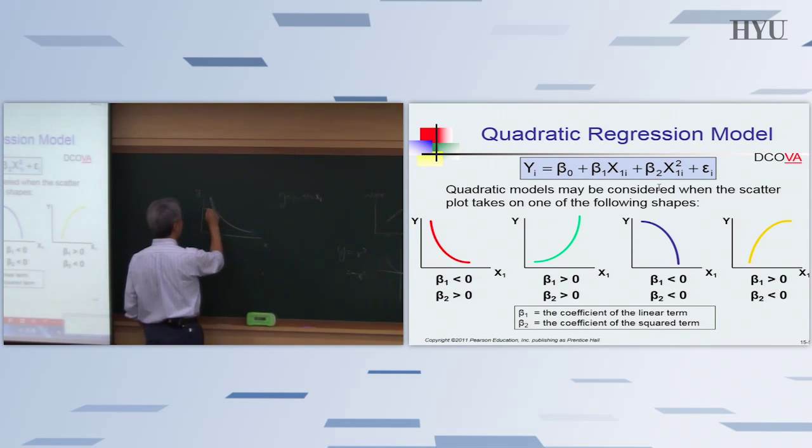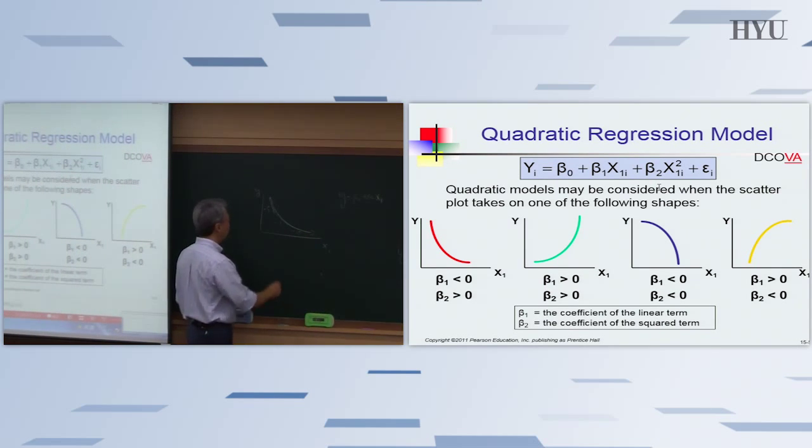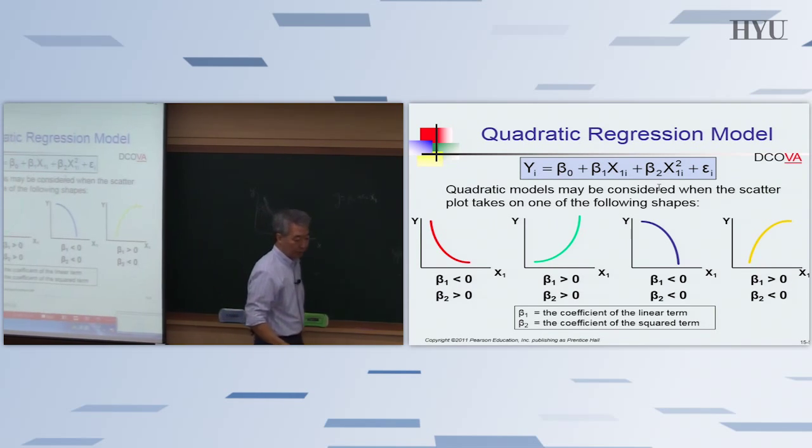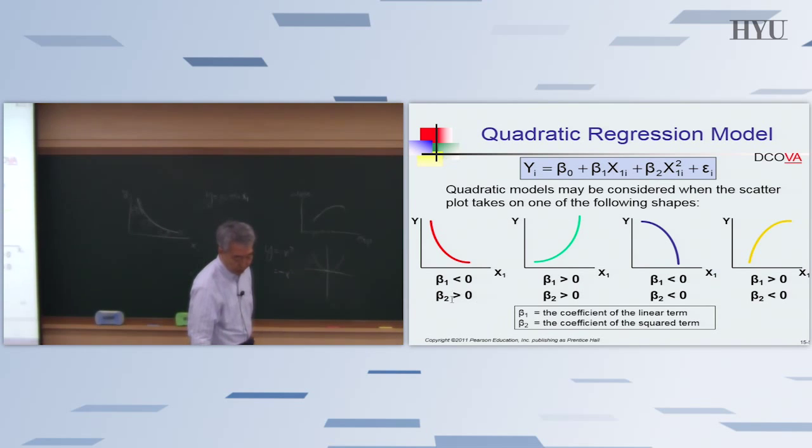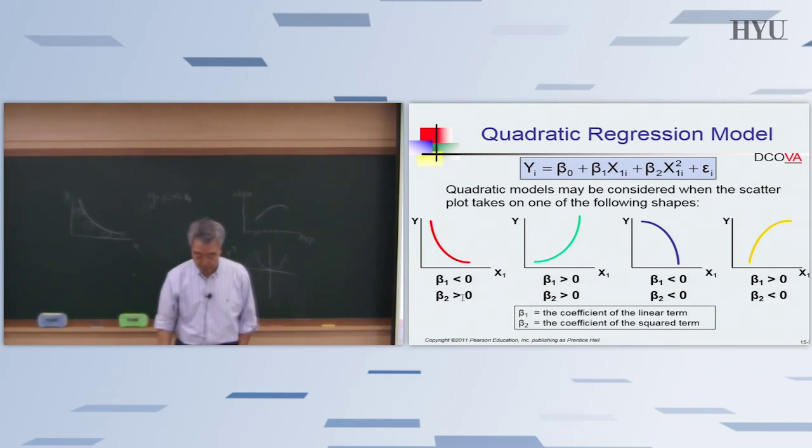This is something like -5, and then it becomes -1, and it becomes -0.5, something like that. So the magnitude of the slope decreases. That's what this positive beta 2 implies. I'm pretty sure this is something you've learned in high school.